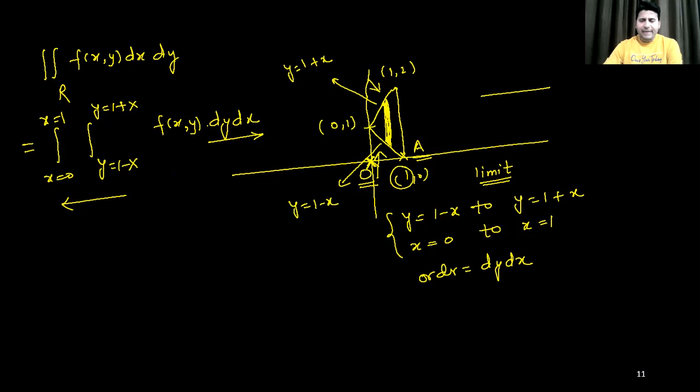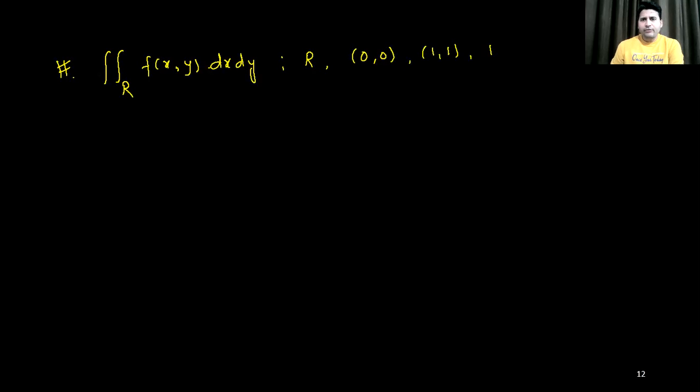To make it more clear, I am taking one more example, and this time the question is: we have an integral over R of f of x comma y dx dy, and the region of integration is bounded by the points 0 0, 1 comma 1, 1 comma 5.